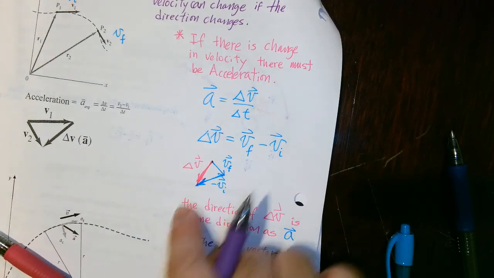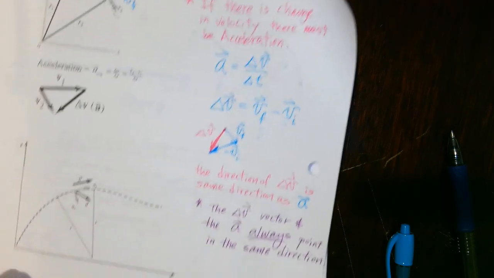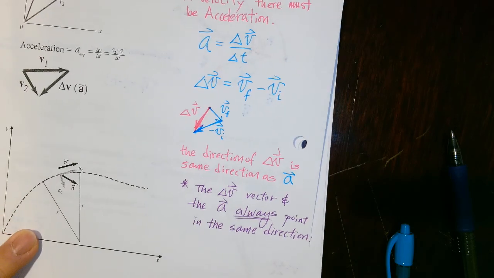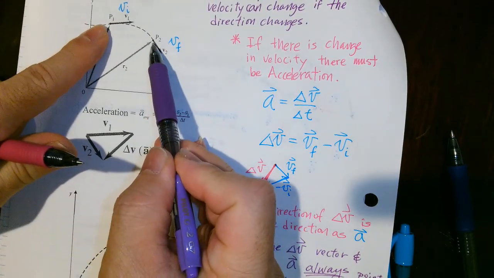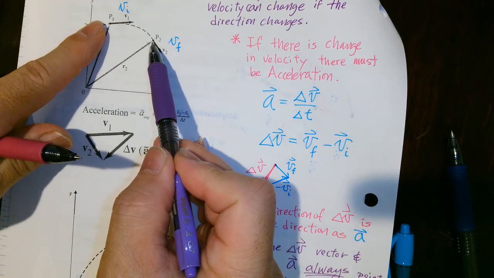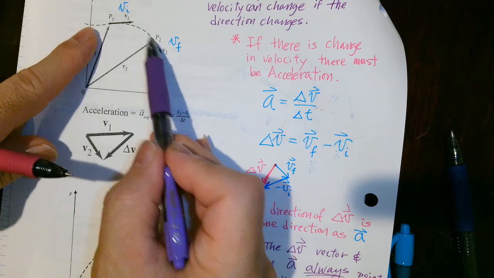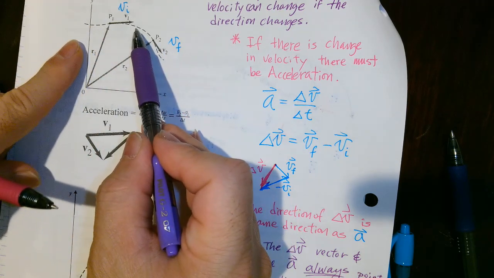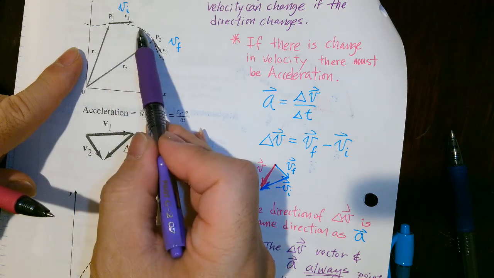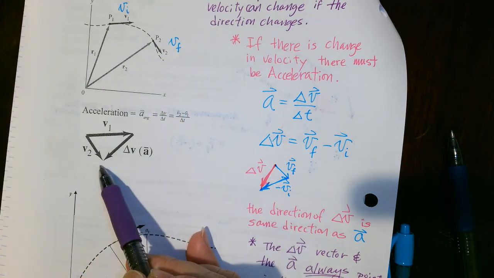But they'll be pointing in the same direction as each other. So here, when I see these two final velocity and initial velocity, there's definitely change in there. And if I were to look at the average of these two, my acceleration vector will be pointing in this direction, which is same as this, delta v.